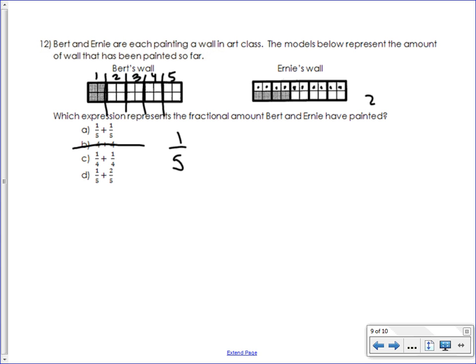So 10 and 10 is 20. And of those, 1, 2, 3, 4 is shaded. And you can simplify, remember simplification, 4/20ths, both are divisible by 4, and you have 1/5. So the one that matches up with our answer is A. Good job.